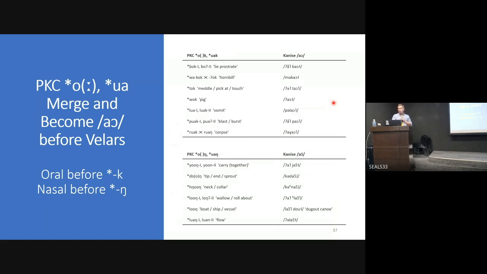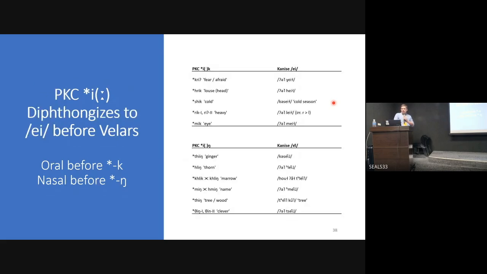So if it was ong or uang, then we get ao, and if it was oral, o or ua, then we get the oral vowel. And that's the case for E, which also diphthongized to A before these velar codas, and we get the same pattern, nasalization conditioned by the historical nasal coda.